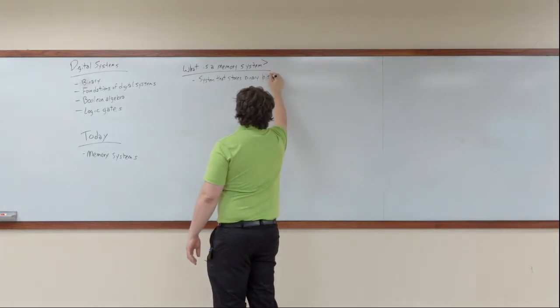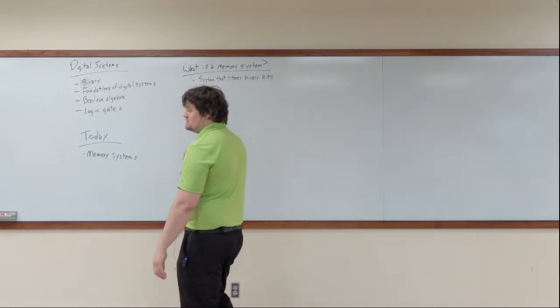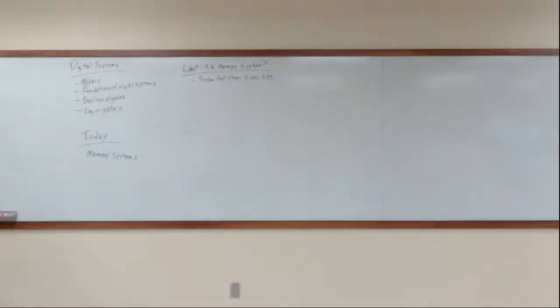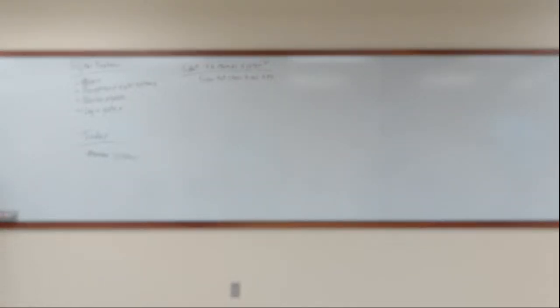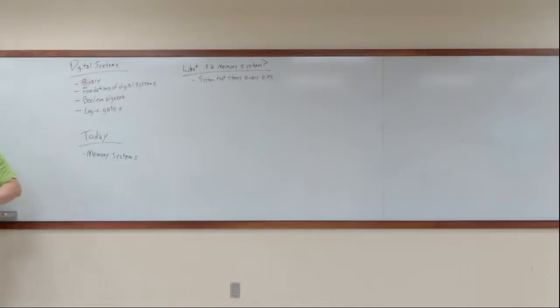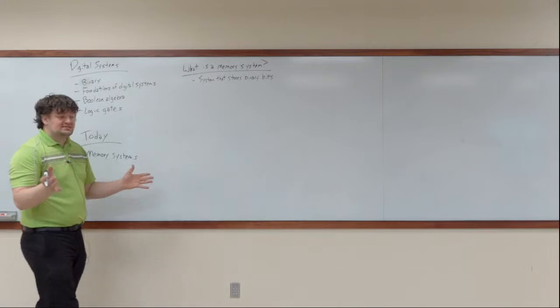I'm going to use the term bits, since a byte is actually an 8-bit word. What a memory system is, in most systems, that system is dependent on current inputs.